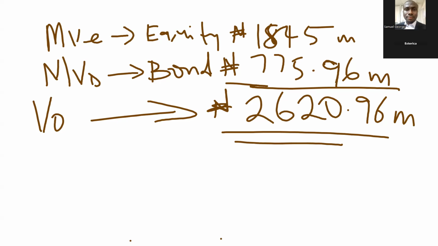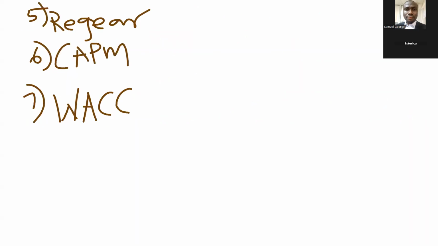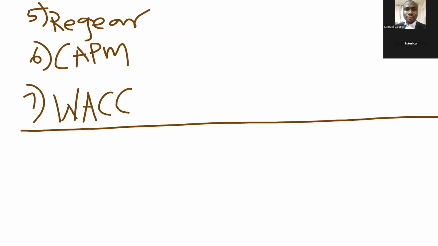Okay, before we continue, I wanted to say something about the 7 steps I mentioned, because in this question we are going to enter those 7 steps a little bit. So that's step 4 that I said, combine beta assets. So this is the formula for combined beta. It could be beta assets, it could be beta equity, so the formula can be used for both of them.